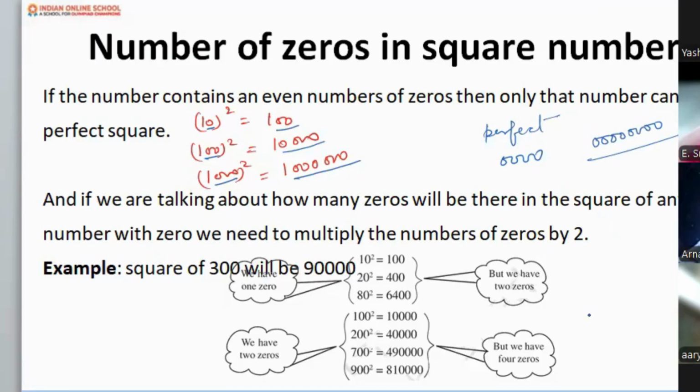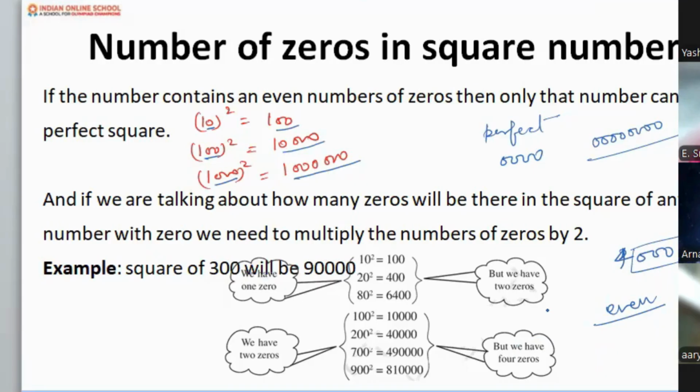And if any number contains an odd number of zeros, that particular number can never be a perfect square number. So to be a perfect square number, the number of zeros should be even. If an odd number of zeros are there, like 3 and 5, that number cannot be a perfect square.